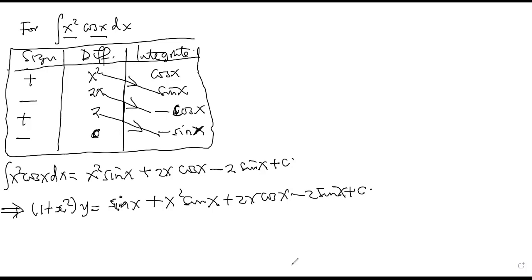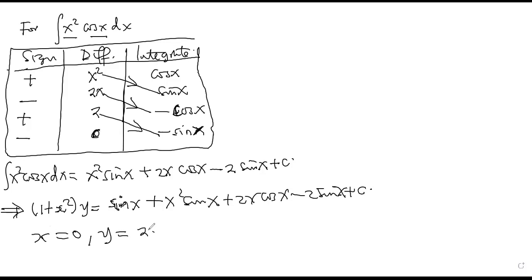But they gave us the initial conditions, meaning when they give us initial conditions, we have to eliminate the constant of integration. They told us that y of 0 is 2, meaning x is 0 and y is 2.